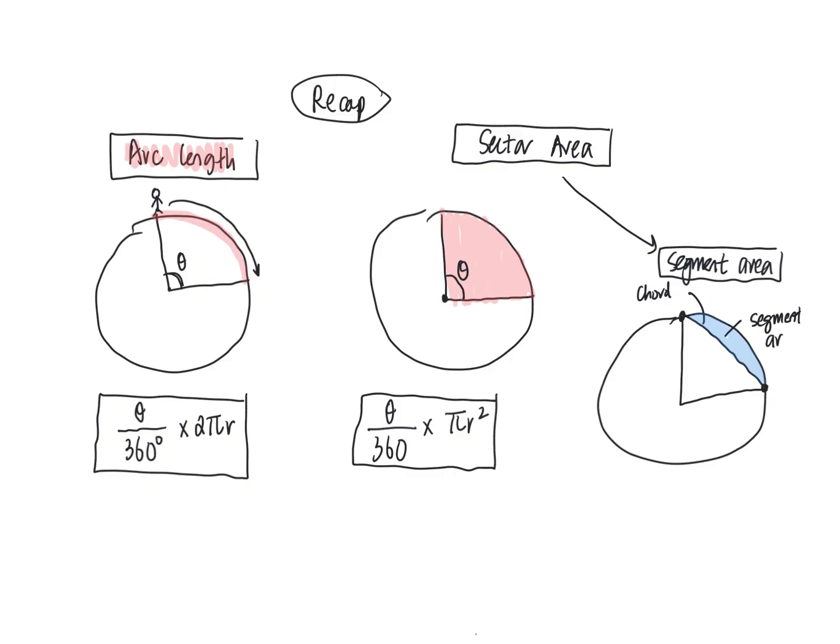This is the recap. To find the segment area, you find the area of sector minus the area of triangle. So we learned that, half ab sine of the angle in between. So these were the 3 formulas we learned yesterday.